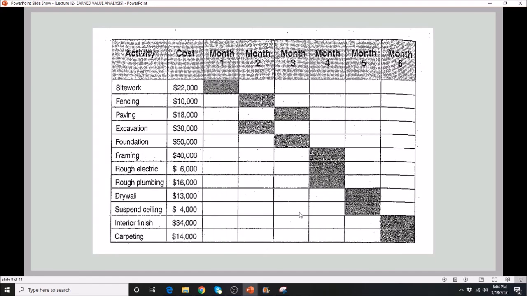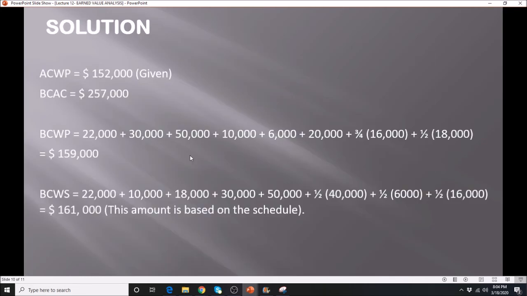So how much is your framing? The framing is 40,000. So I think I missed that portion. It should be plus half of 40,000, which is 20,000. So when you add that one, it should be equal to 159,000. So again, I missed adding that half of 40,000 in my text here. So I want you to add that one. I'm going to correct that on the PowerPoint.